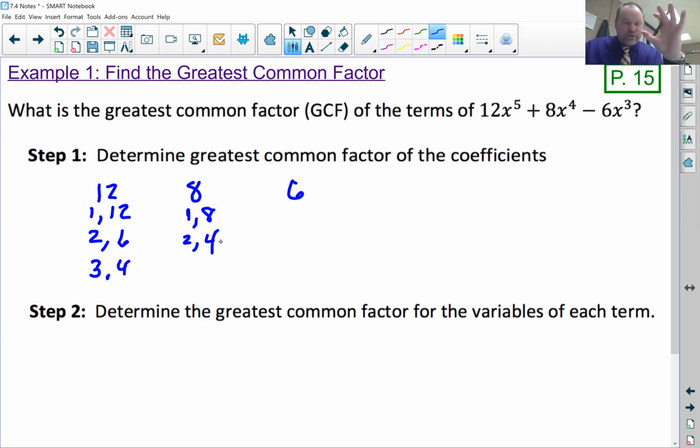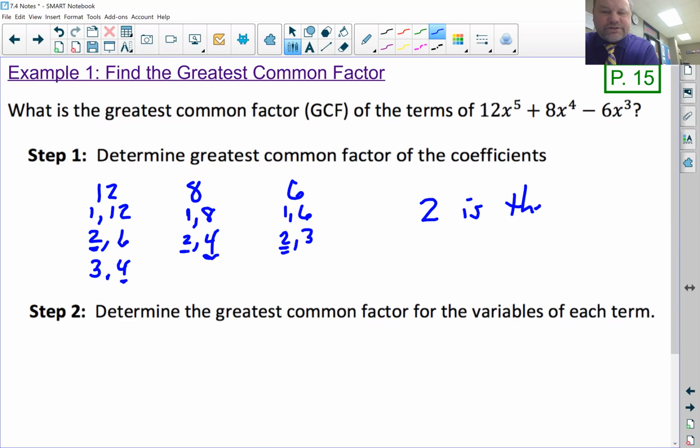So at this point, I would look at common factors for 8 and 12. They both have a factor of 2. They both have a factor of 4. So our greatest common factor has to either be 2 or 4. And now we'll look at our factors of 6. And we see that 2 is the greatest common factor.